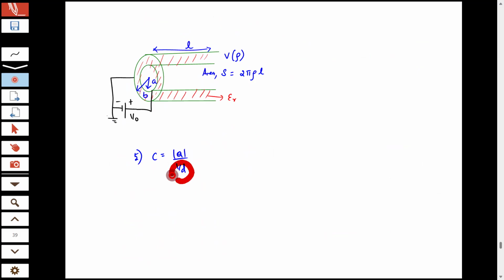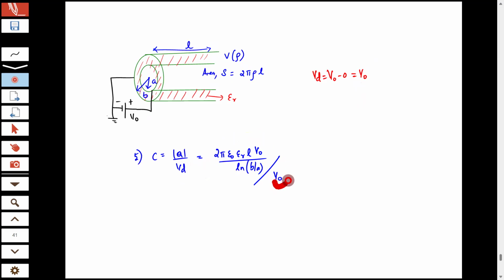So this has to be divided with the difference in potential. We know the outer one is at 0 potential, inner one is at positive V naught potential. So the difference V will be V naught minus 0, which is V naught, the difference in potential for estimating the capacitance.